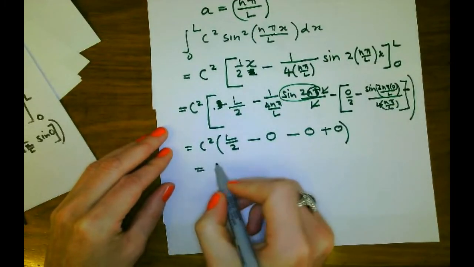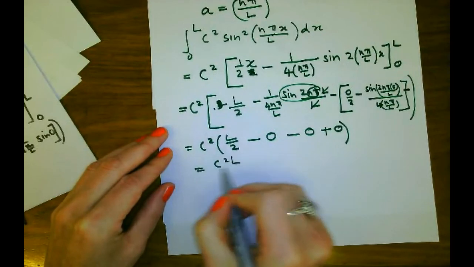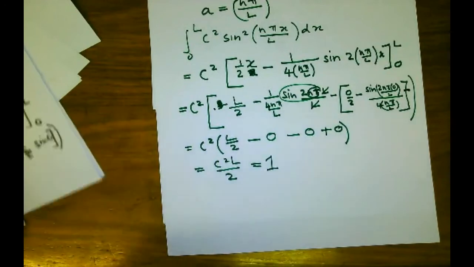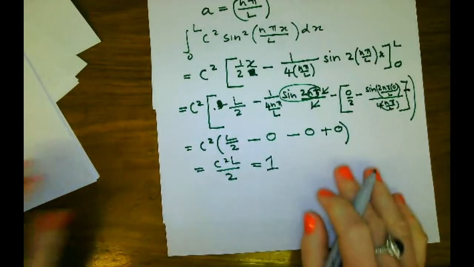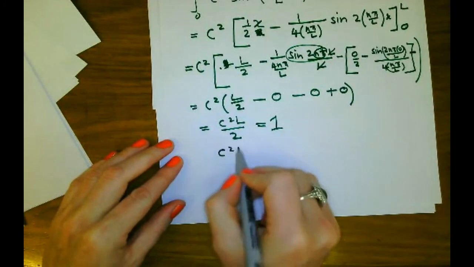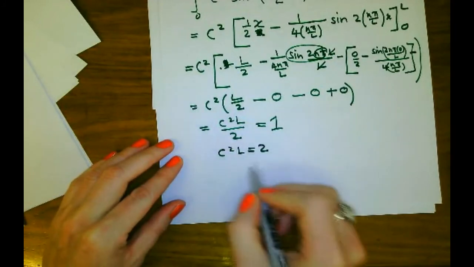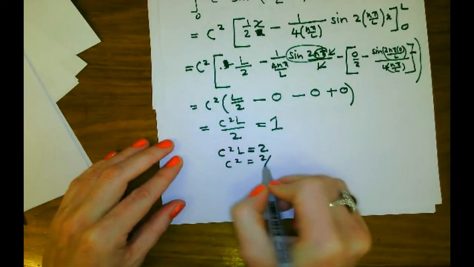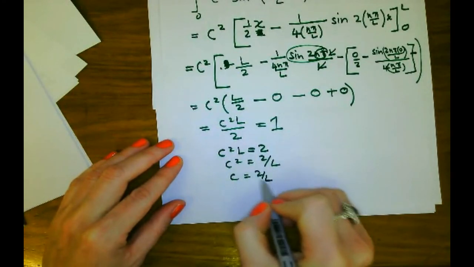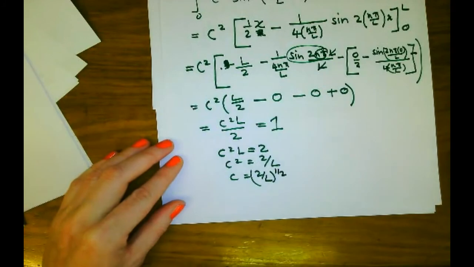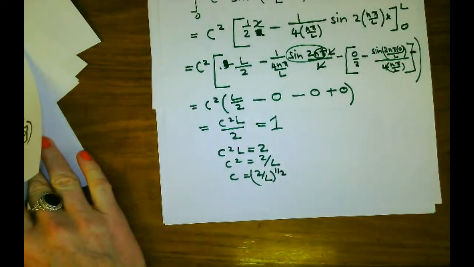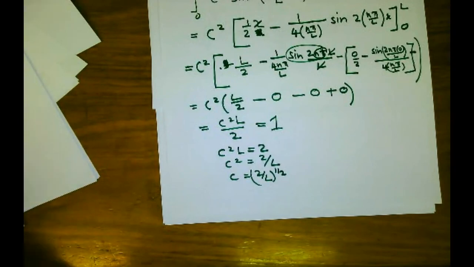What you're left with is c squared L over 2, and that must be equal to 1, because we said the integral is equal to 1. But what are we looking for? We're looking for c. So c squared L is equal to 2. C squared is 2 over L. C is 2 over L to the power half. Okay, so that is our normalization constant.